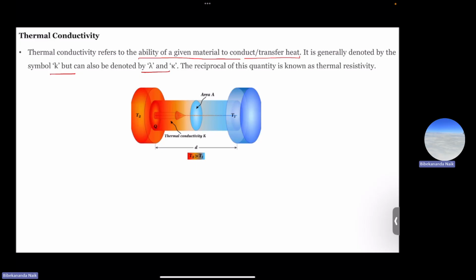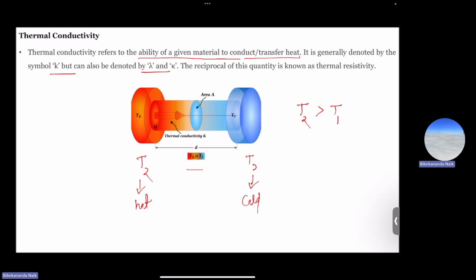Now let's consider a case. Here you can see in this figure there are two substances. This is at temperature T2, this is at temperature T1. This is the hot end and this is the cold end, and the condition is T2 is greater than T1.